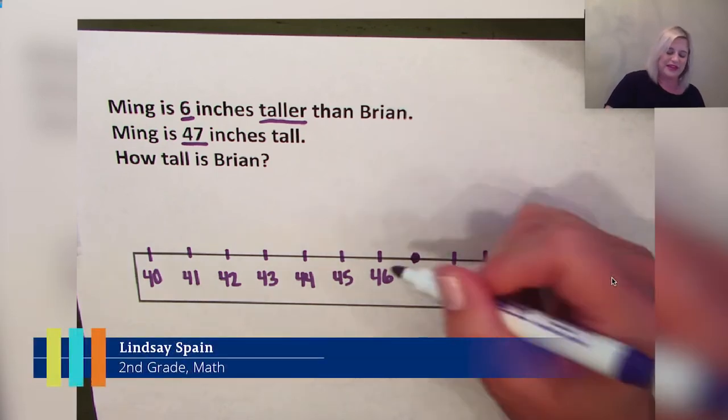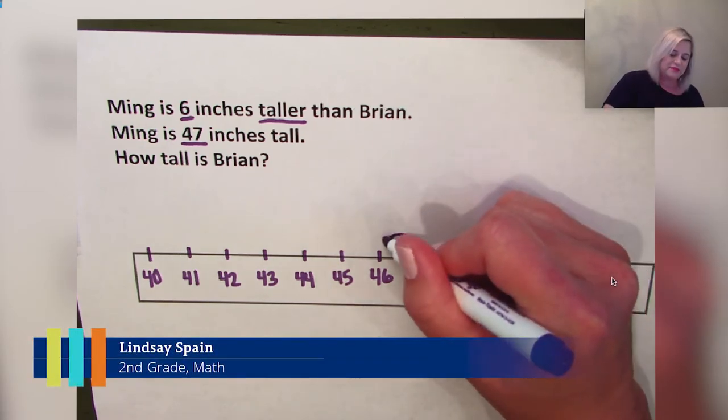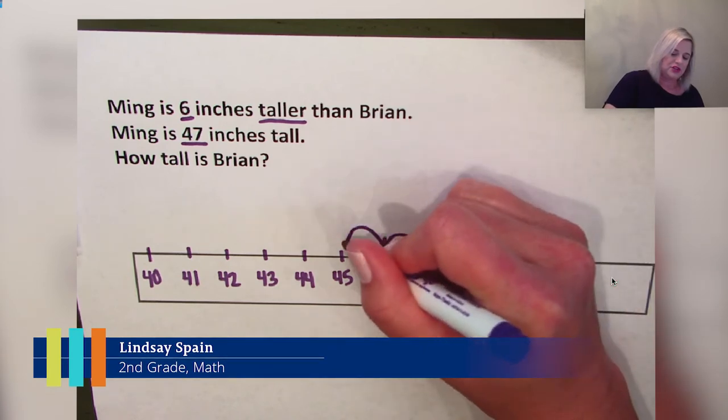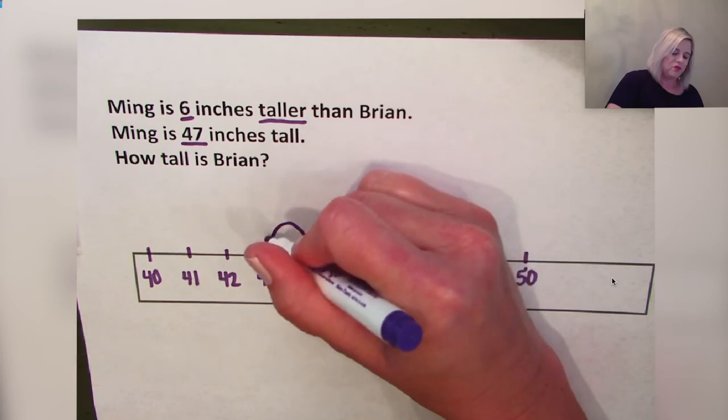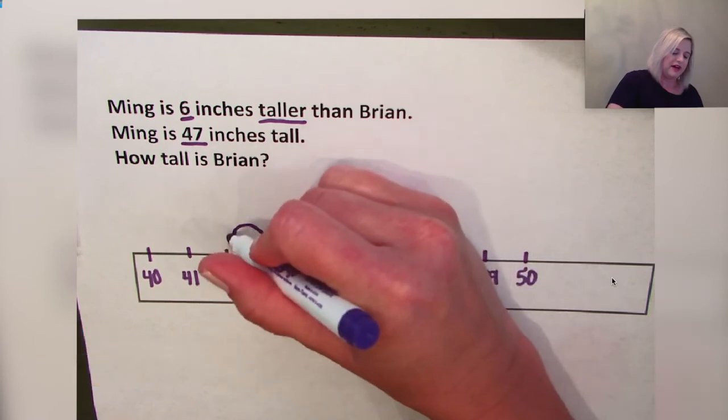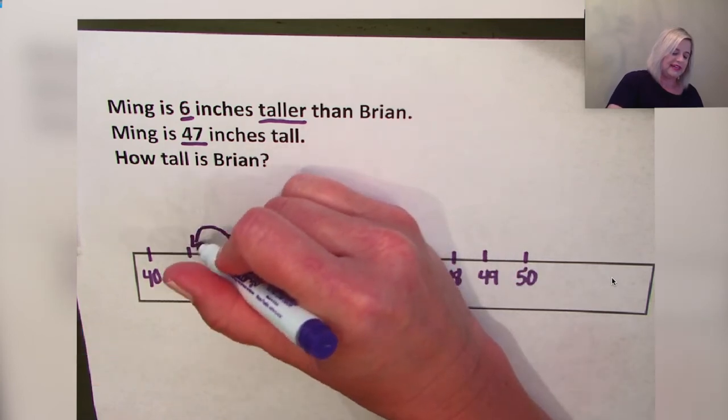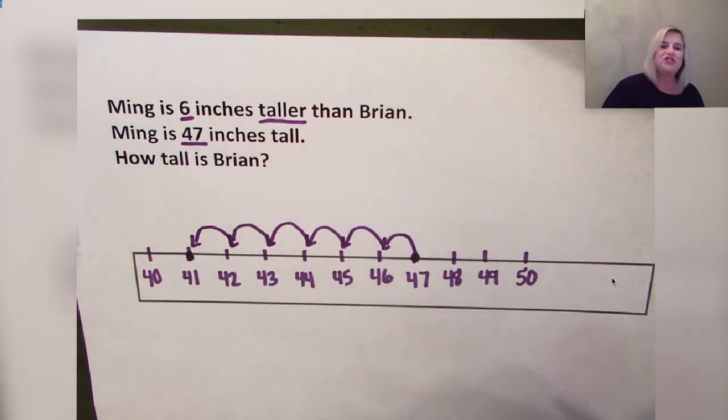Do that with me. 1, 2, 3, 4, 5, 6. Where did you land? I landed on 41 as well. Does your model look like mine? Excellent job, boys and girls.